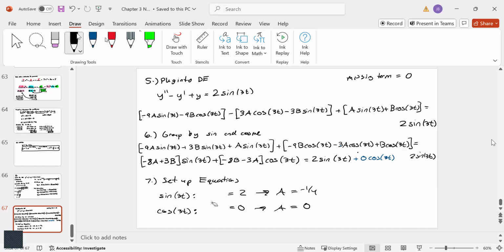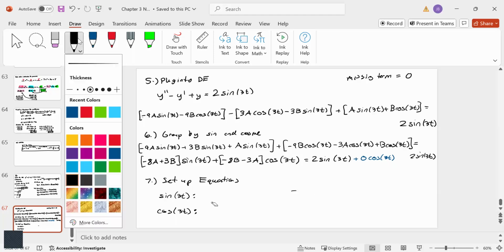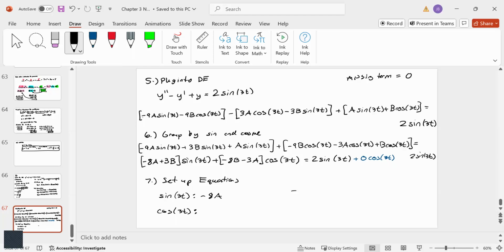And so our equations end up being negative 8a plus 3b equal to 2. And then we get negative 8b minus 3a is equal to 0.